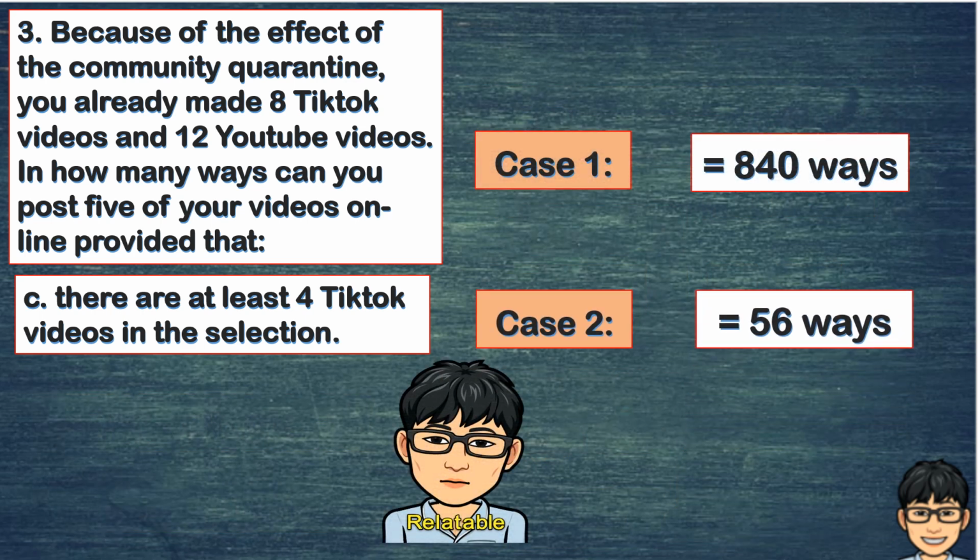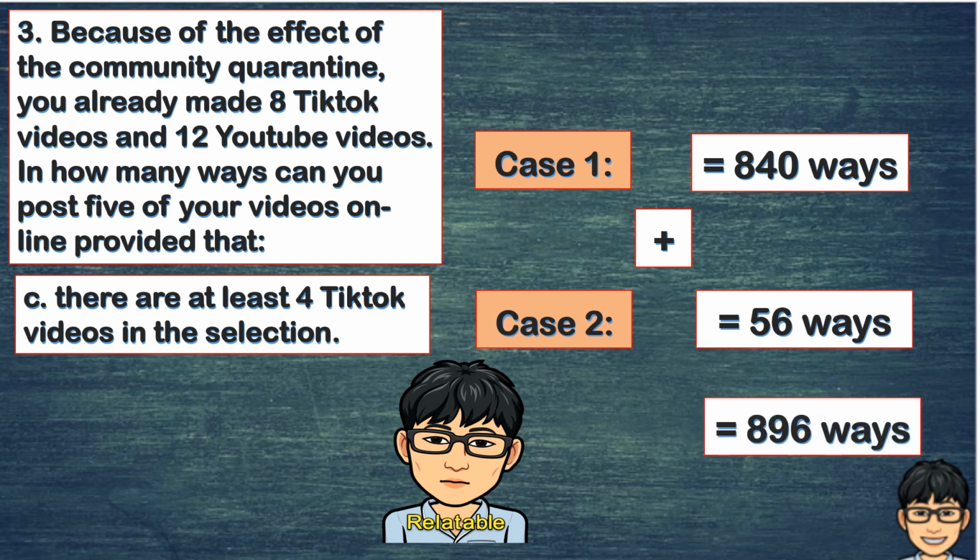Dahil may dalawa tayong cases sa problem na ito, i-add natin yung number of ways ng dalawang cases. Therefore, we have 840 plus 56 equals 896 ways to post at least 4 TikTok videos online.